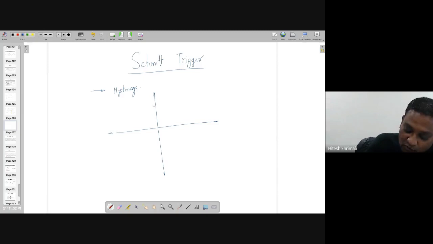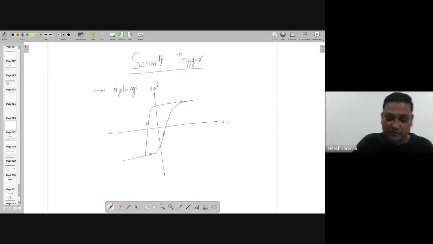Hysteresis is the one which remembers the value, and the path when you are going is different from when you are coming back. By the way, input is V in and output is V out, right? So something like this is actually the Schmitt trigger.